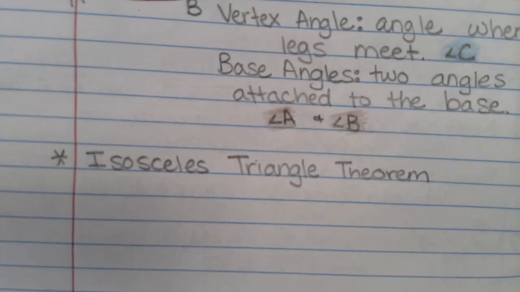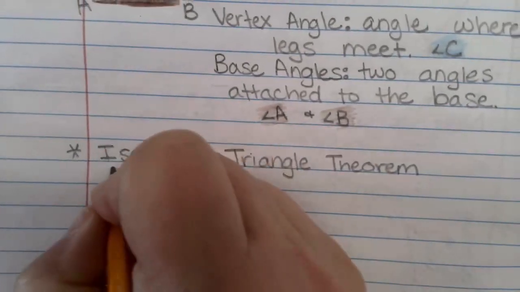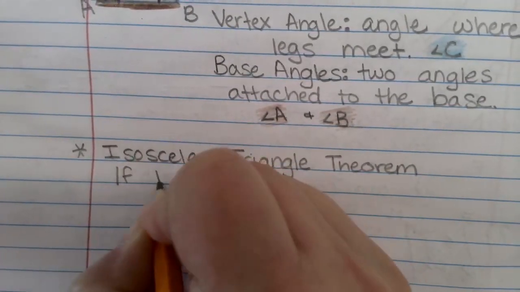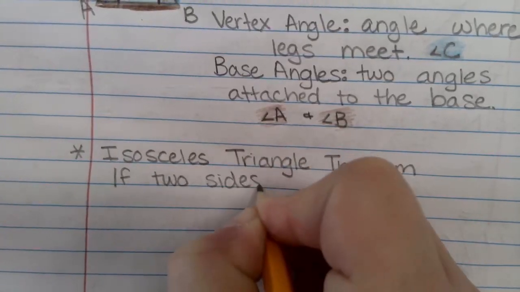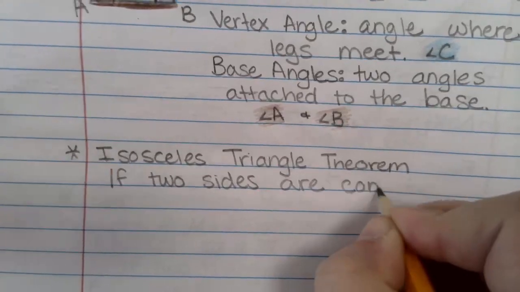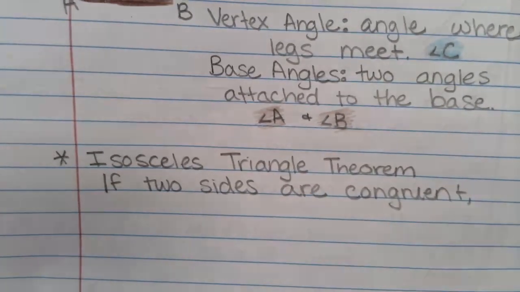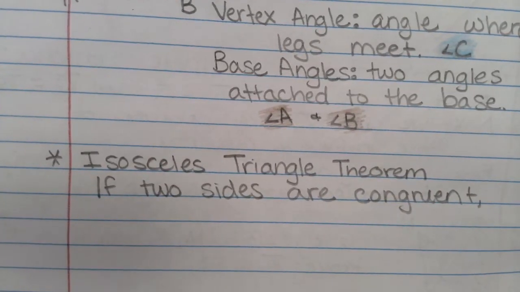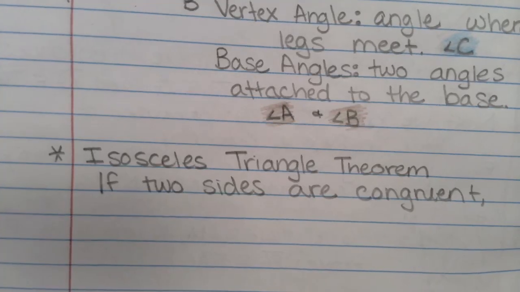And our isosceles triangle theorem says if two sides of a triangle are congruent, I'm going to just say if two sides are congruent. Can we assume that we're talking about a triangle? Is that okay? Just so we don't have to write so much? Okay. Because it's the triangle theorem, so we're obviously talking about a triangle, right?